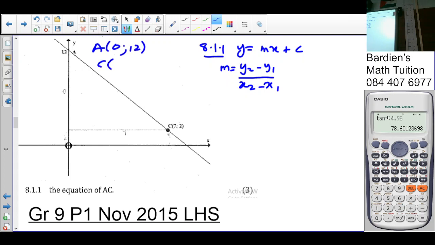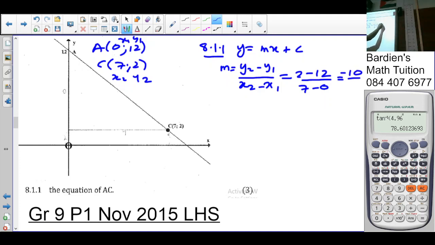The coordinates of C is 7 and 2. Okay, so remembering that's the x and the y, x1, y1, x2, y2. So it's 2 minus 12 over 7 minus 0. 2 minus 12 is negative 10. Negative 10 over 7.